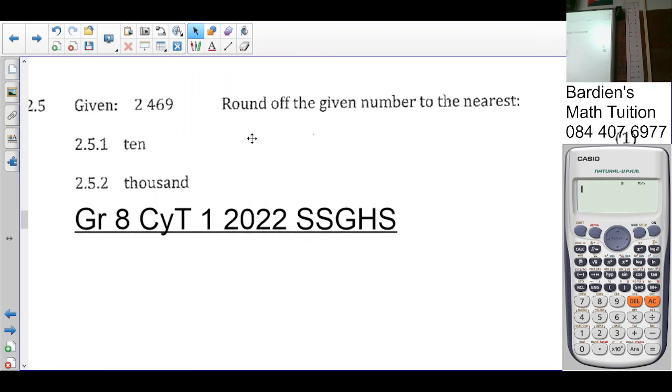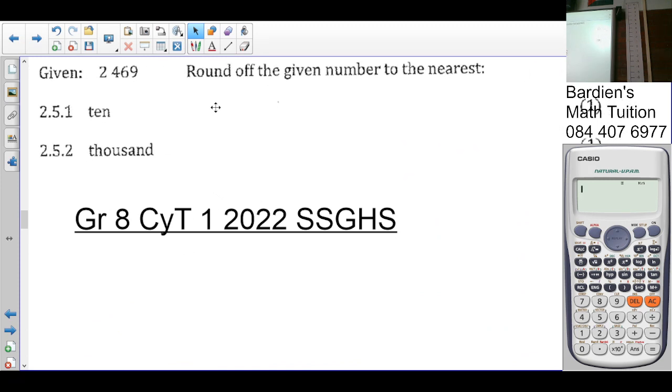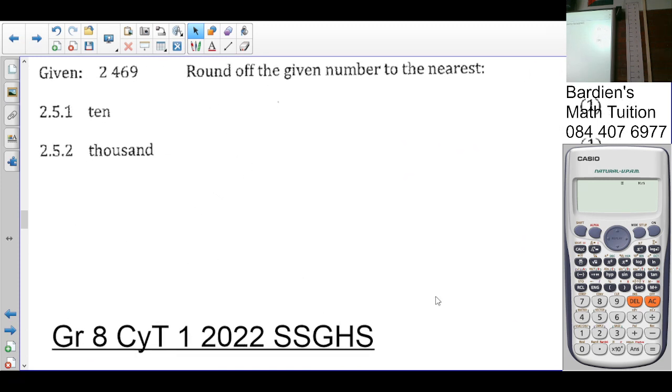It says round off to the nearest, in the first case, 10. So is the number following the tens digit greater than or equal to 5? Yes. So it's going to be 2470. Then 1000. So I'm looking at the 2 now. Is that number greater or less than 5? Less, so that will remain the same.